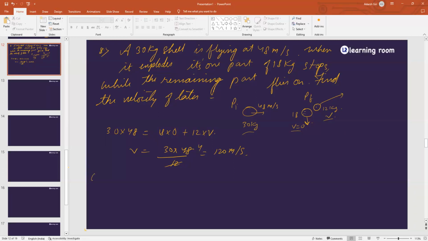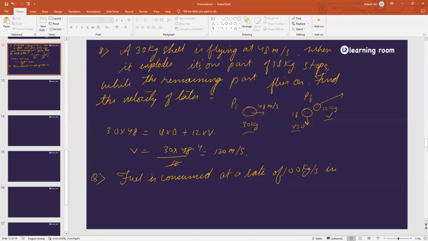Okay, the rocket one. Fuel is consumed at a rate of 100 kg per second in a rocket.